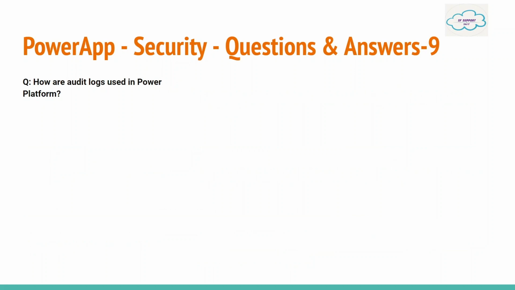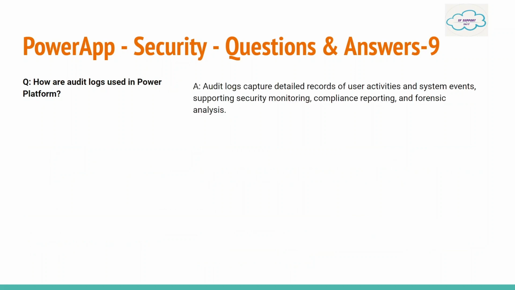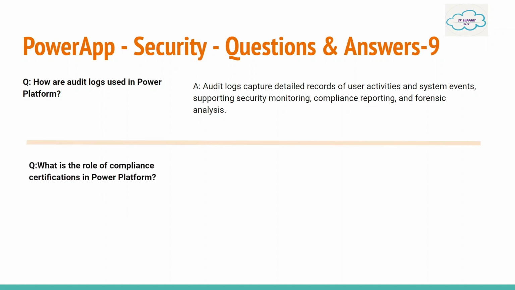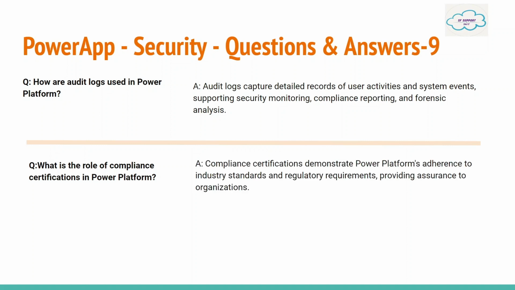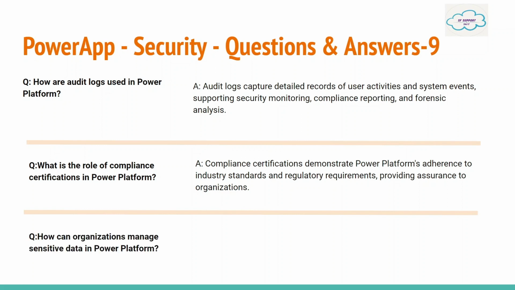Next question: how are audit logs used in Power Apps? Answer: audit logs capture detailed records of user activities and system events, supporting security monitoring and compliance reporting for forensic analysis. Question: what is the role of compliance certification in Power Platform? Answer: compliance certification demonstrates Power Platform adheres to industry standards and regulatory requirements, providing assurance for the organizations.